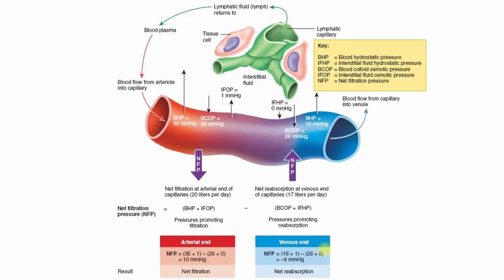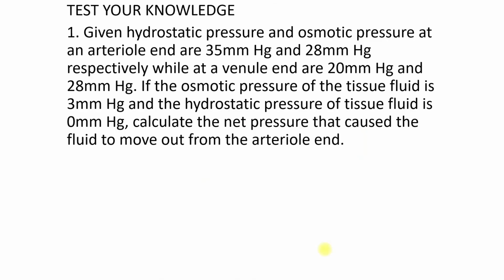Okay, now there's some calculation here. So students, you try to test your knowledge by applying the formula that I mentioned earlier. Given hydrostatic pressure and osmotic pressure at the arterial end are 35 mm mercury and 28 mm mercury respectively, while at the venular end are 20 mm mercury and 28 mm mercury.